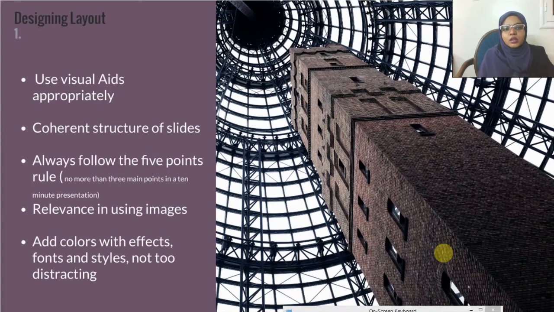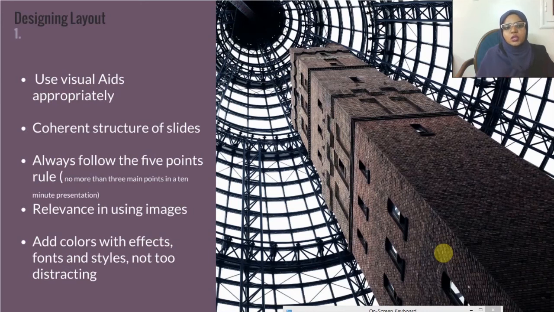So while designing your layout, you use visual aids appropriately. Not too much, but a presentation that depends solely on text or theory is not really attractive. It won't help your audience to be engaged with what you have to offer.